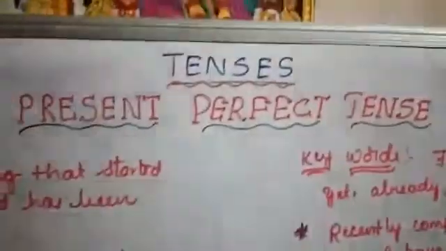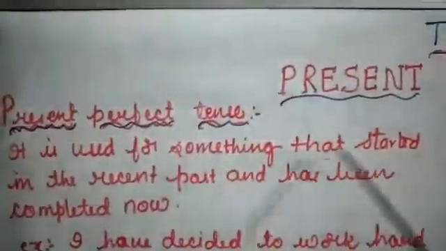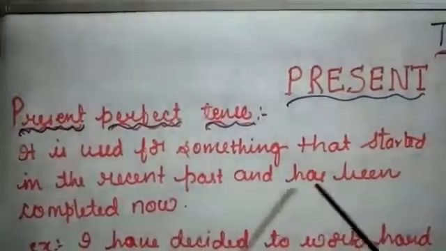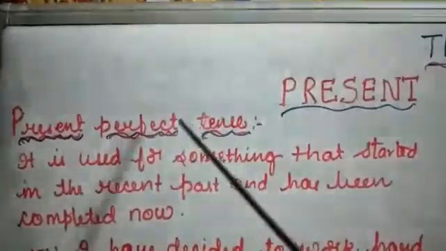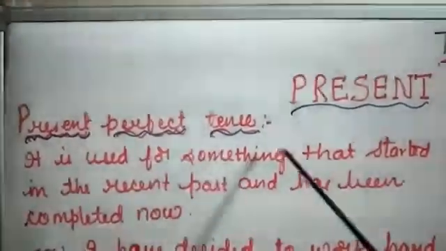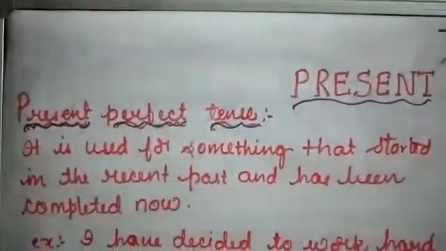Today's lesson is about present perfect tense. So, what is present perfect tense? When is it used? It is used for something that started in the recent past and has been completed now. Present perfect tense is used with an action that started in the recent past, not in the past.